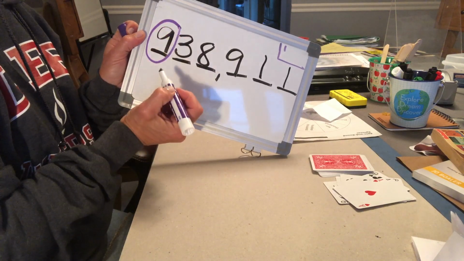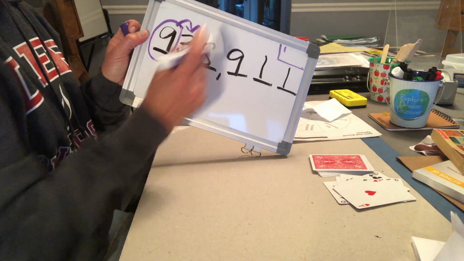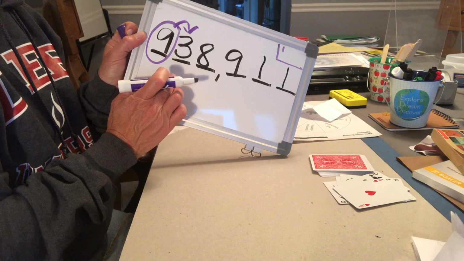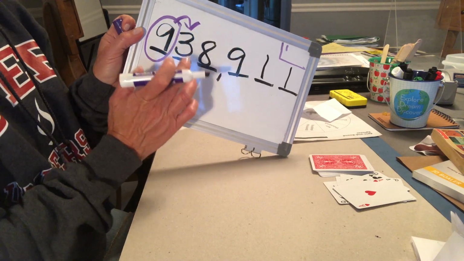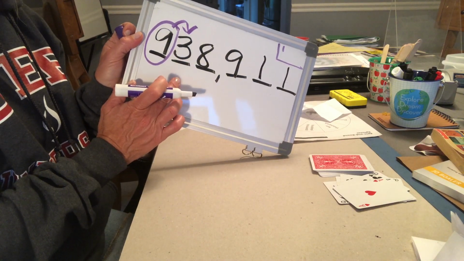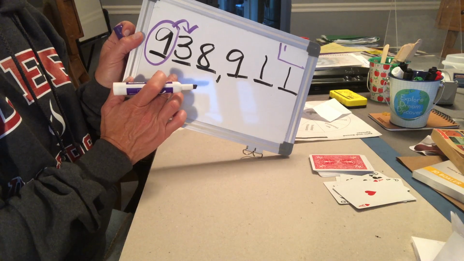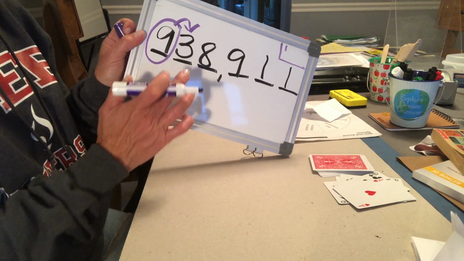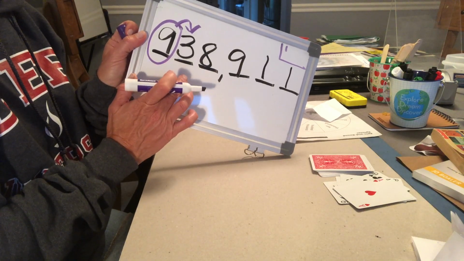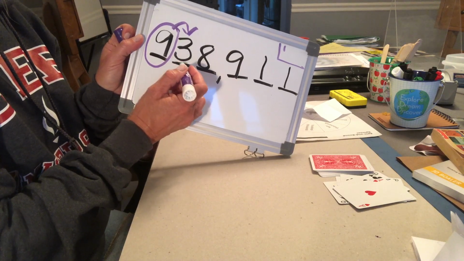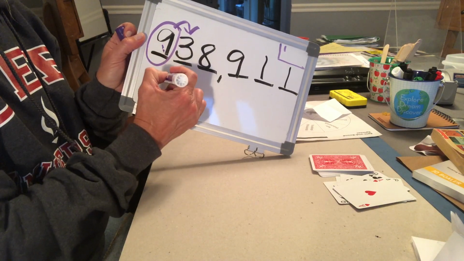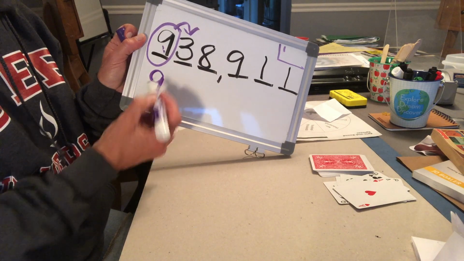Circle the number in the hundred thousands. Look 1 to the right. 5 or more, a 5, 6, 7, 8, or 9, raise the score. 4 or less, a 4, a 3, a 2, a 1, a 0, let it rest. So it's 4 or less, so I let this rest and keep it a 9.